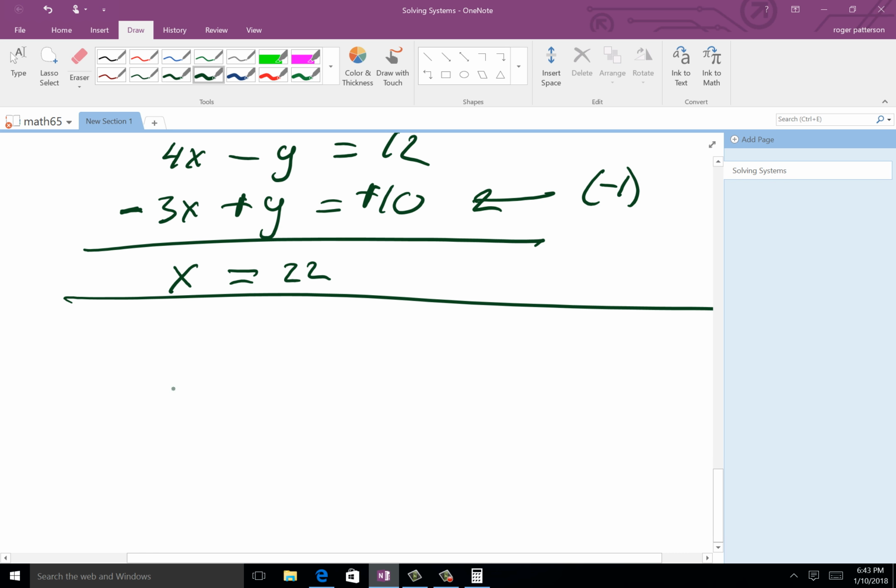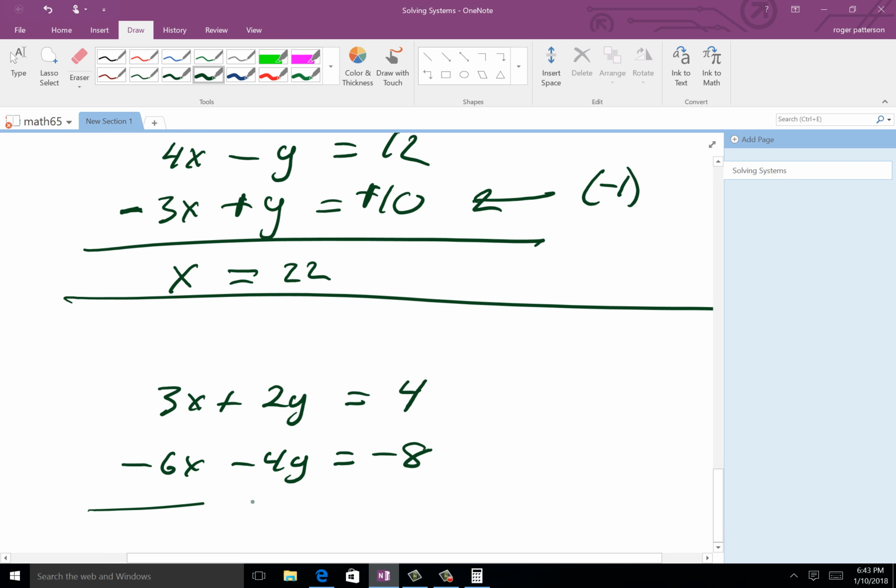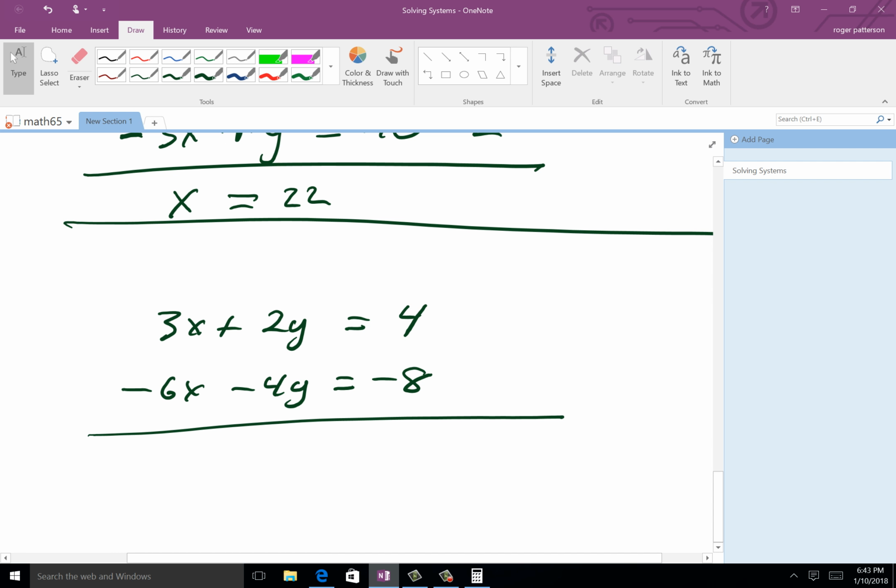So for example, let's say we have this. If we have one like this, and let's say we want to eliminate the y, so we have a plus and minus here.